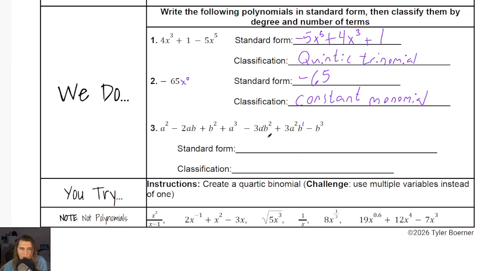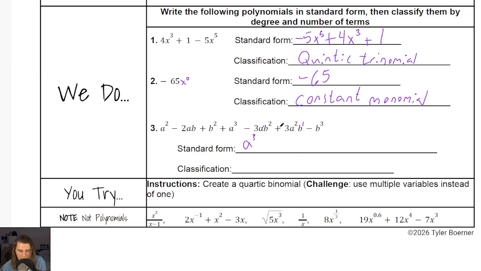So we need to put our degrees of 3 first. And what we're going to do is put them in alphabetical order. So we would have a cubed first. And then you're like, well, which do I do next? Do I do negative 3ab squared or positive 3a squared b to the first?